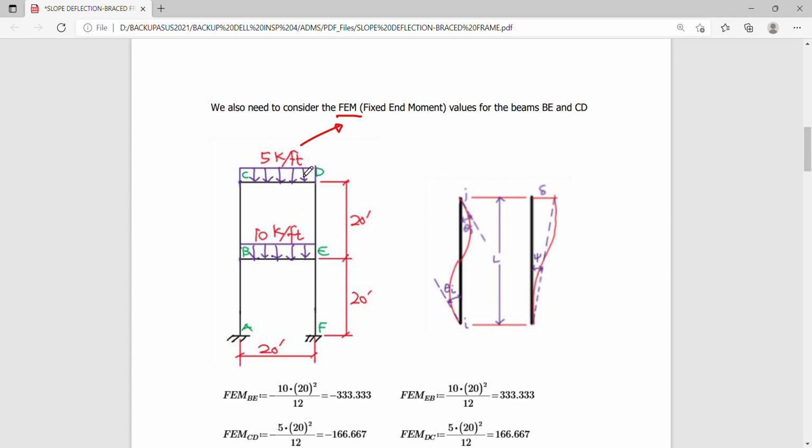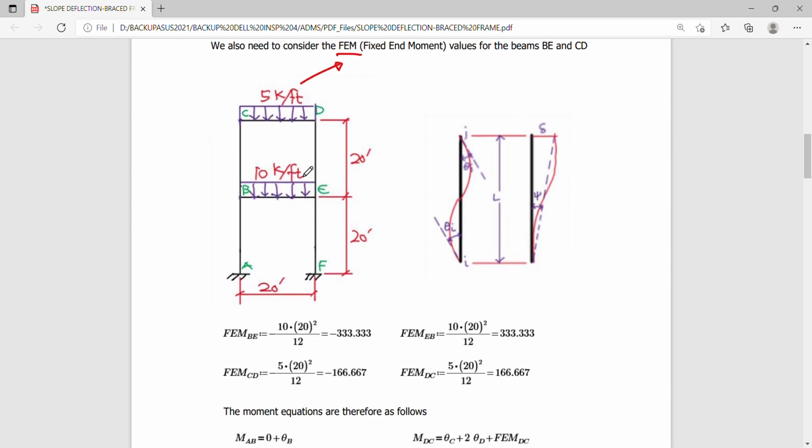So we need to compute for the FEM or the fixed end moment by way of using a very simple formula for a fixed ended beam, which is WL squared all over 12. Okay, so again, the joint rotation is negative counterclockwise and positive clockwise there. Negative, positive, negative, positive.